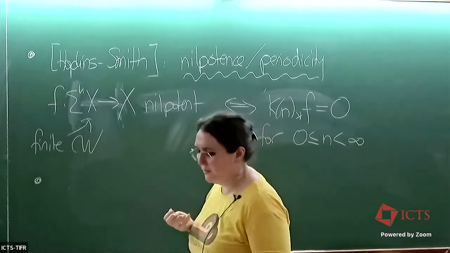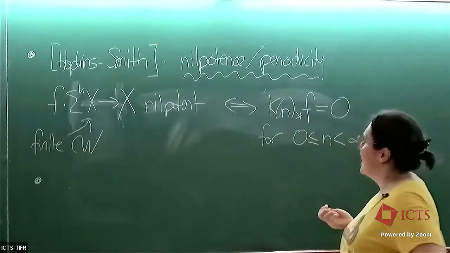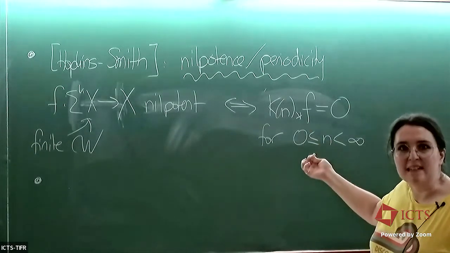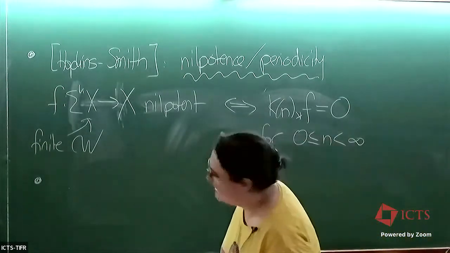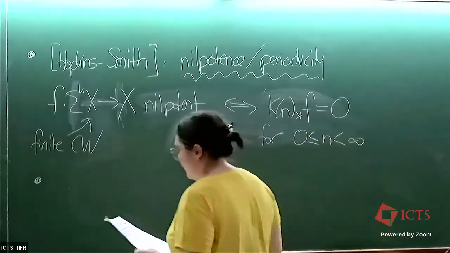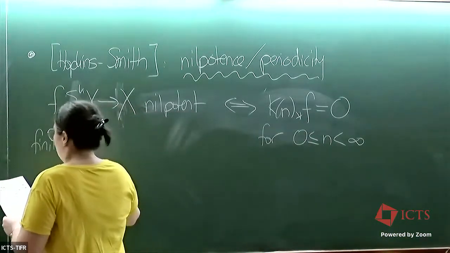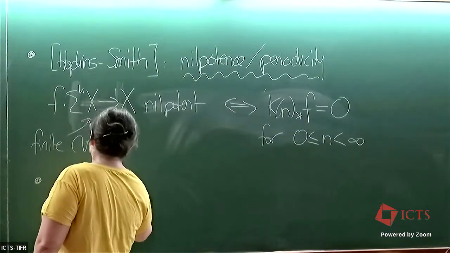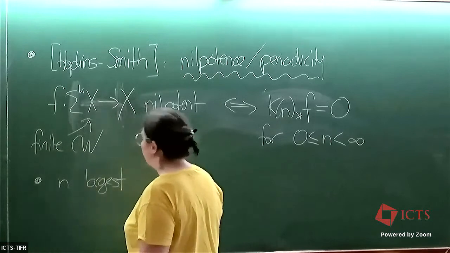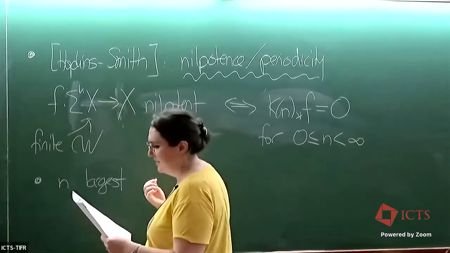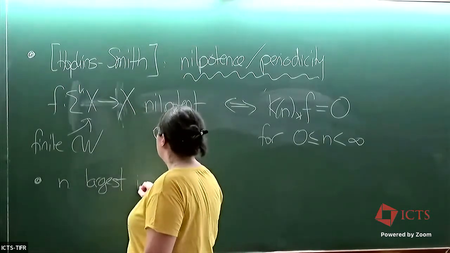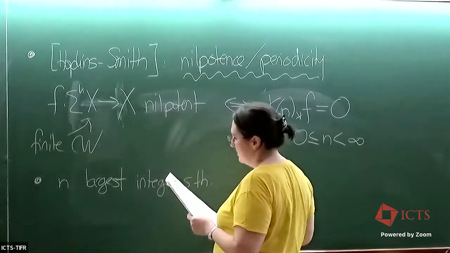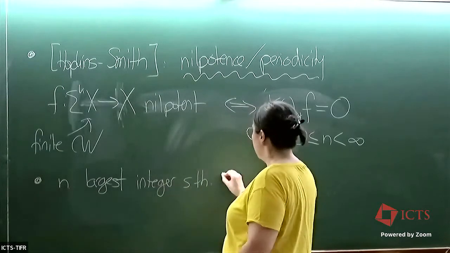But you could also ask, are there maps that never die? And these are the ones that Neil has introduced already. So if we take n to be the largest integer such that this one is 0, for all... which way around is it?